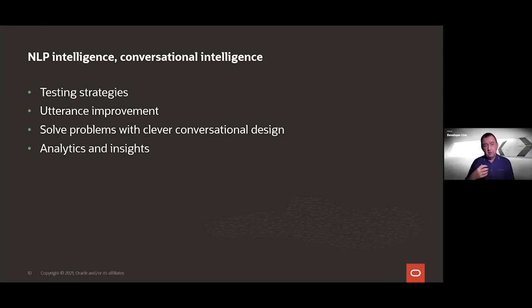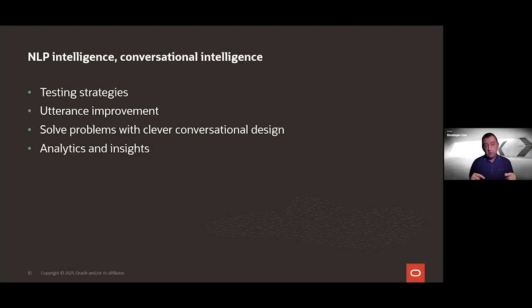You might find that you're adding some new utterances and they don't particularly work, or you're not sure if they work, or will they cause clashes? Well, the only thing you can do is test it. There's a little bit of suck and see when you're working with these language models. So testing is hugely important, and this was our key strategy to utterance improvement.